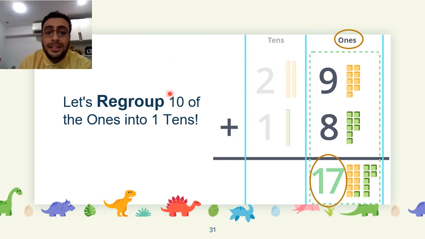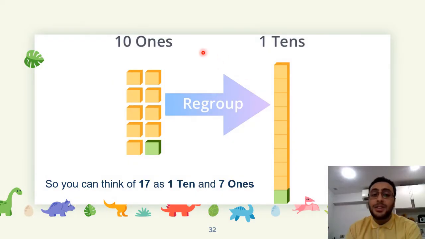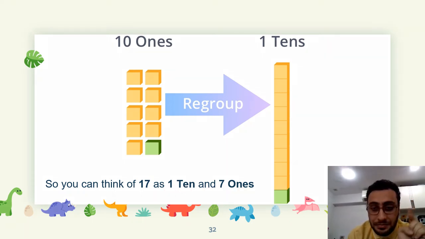Let's regroup 10 of the ones into 1 ten. We already did this before. As you know, 10 ones equals 1 ten. Okay? So you can think of 17 as 1 ten and 7 ones.